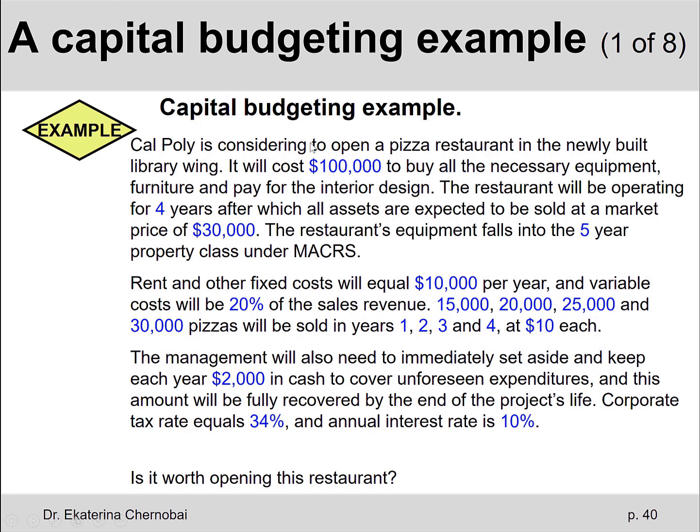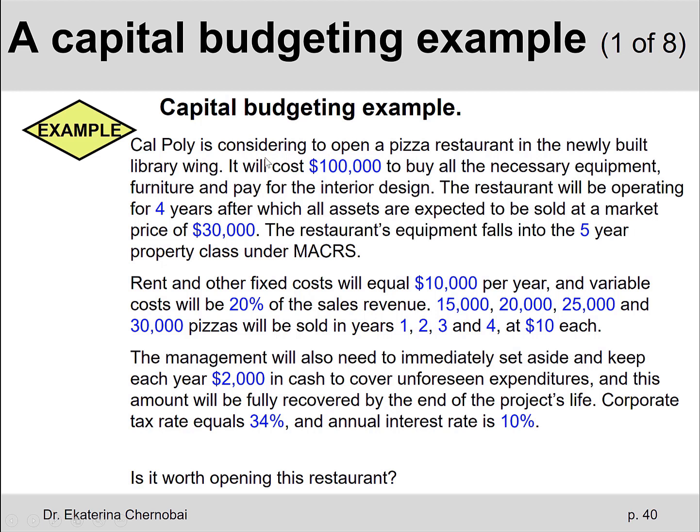Okay, let's look at the following example. Let's say Cal Poly, or more generally, a company, is considering opening a pizza restaurant on campus, right? It will cost $100,000 to buy all the necessary equipment, furniture, and pay for the interior design. So what is $100,000? That's the initial investment.